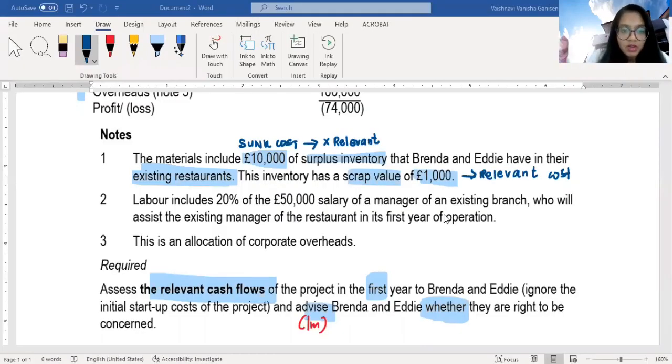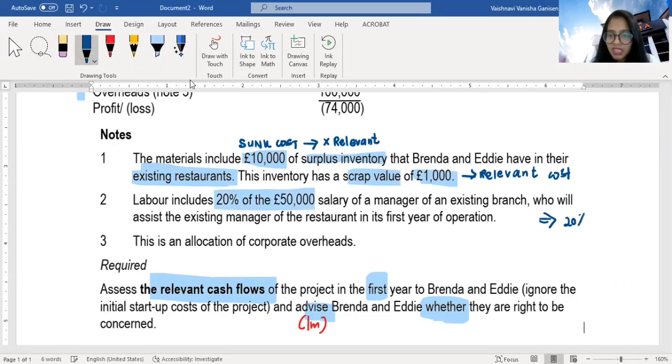Since you already have someone that you hired for the current operations, he included 20% of 50,000.